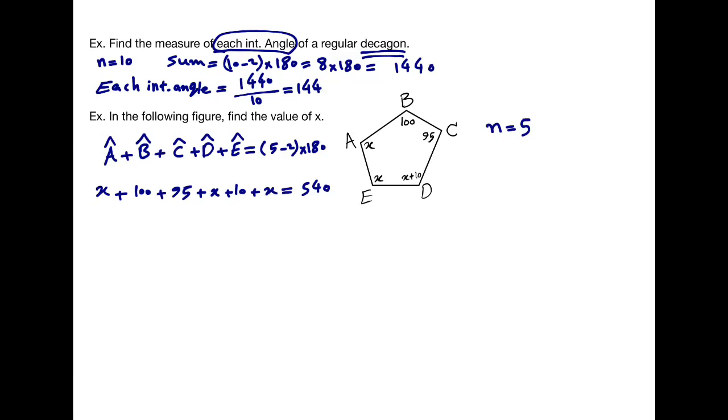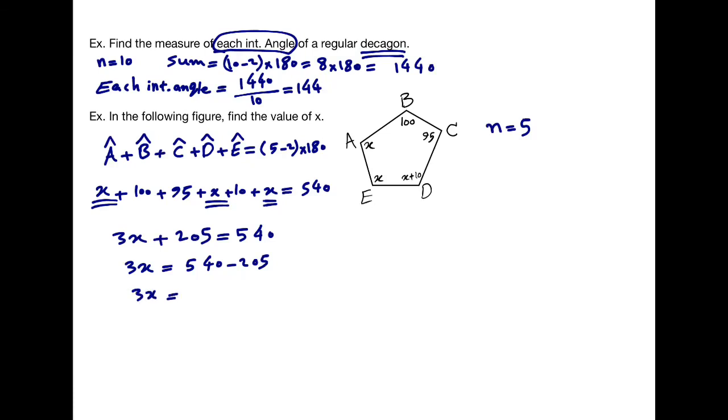Now on the left side, we can combine the like terms. This x, this x, and this x will give us 3x plus 100 plus 95 is 195, and plus 10 is 205, equals 540. Now we can take 205 to the other side. 3x equals 540 minus 205.